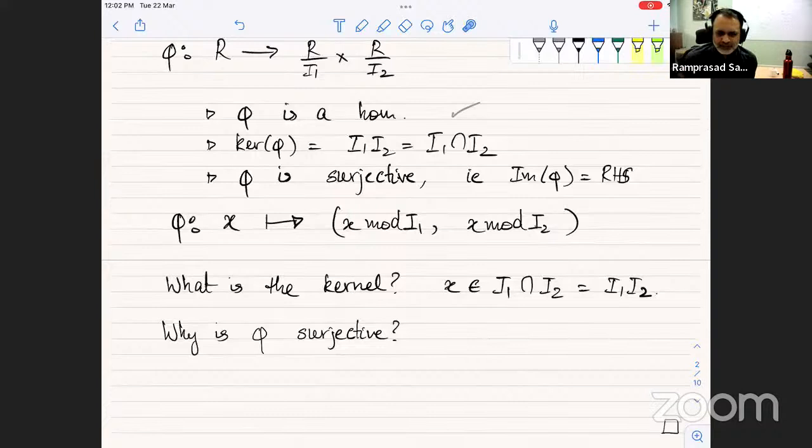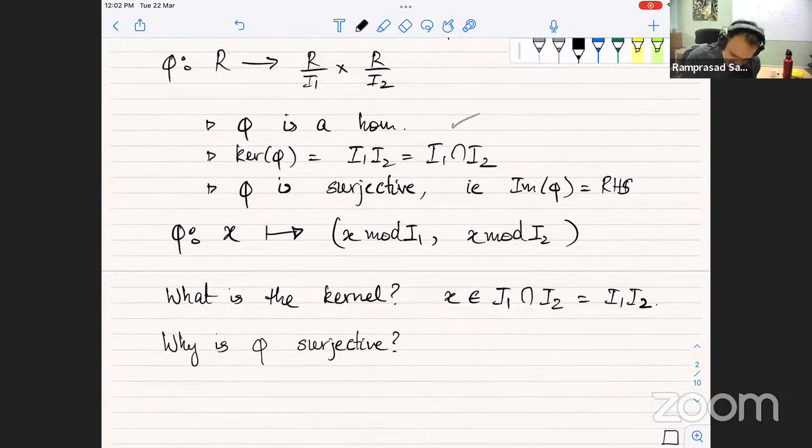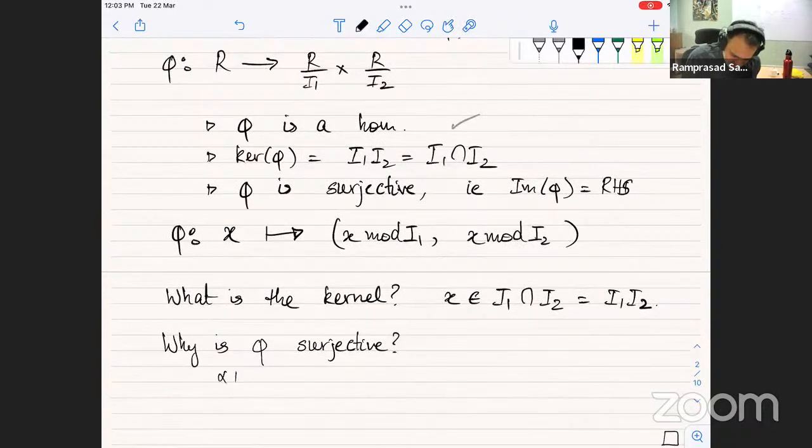I'm hoping that you have seen the proof of the Chinese remainder theorem in other contexts. There is a certain way in which you often show that these things are surjective, by finding pre-images of certain special elements in a way that gives you pre-images for everything else. So what you would want is to know what is the element alpha that gets mapped to 1, 0, and what is the element beta that gets mapped to 0, 1.